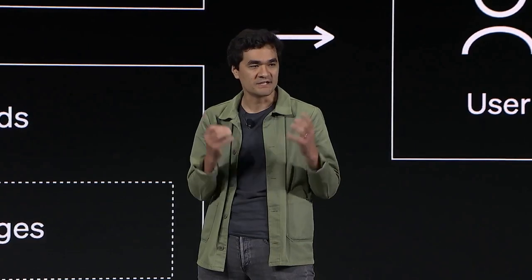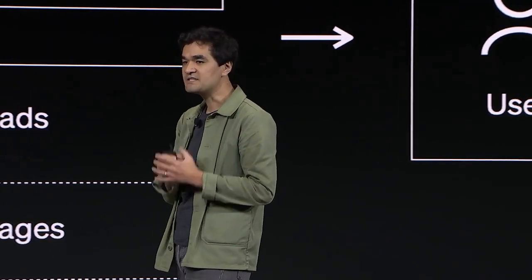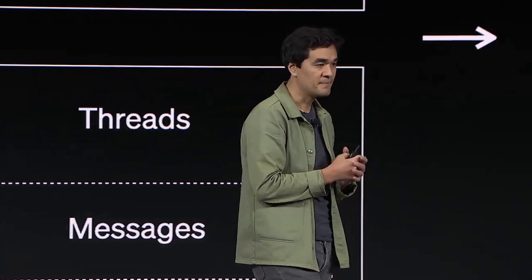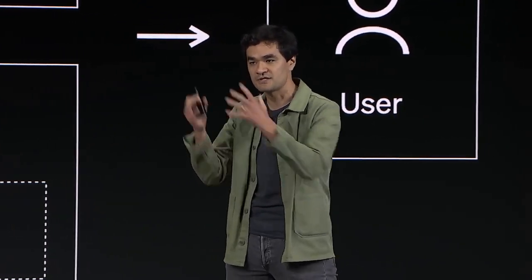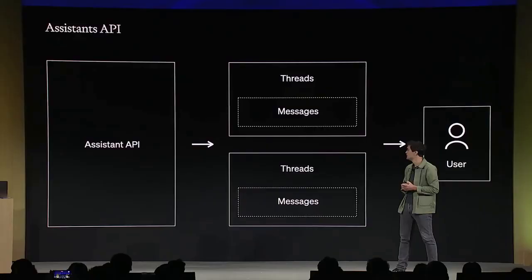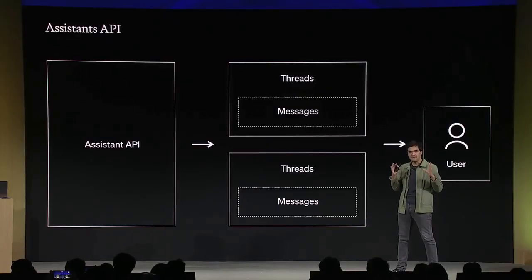At its core, an assistant is an AI that you assign instructions to. And the assistant can call models and tools on behalf of users. Behind the scenes, the Assistance API is built with the same capabilities that you just saw for ChatGPT, such as code interpreter and retrieval. The API has 3 key primitives.